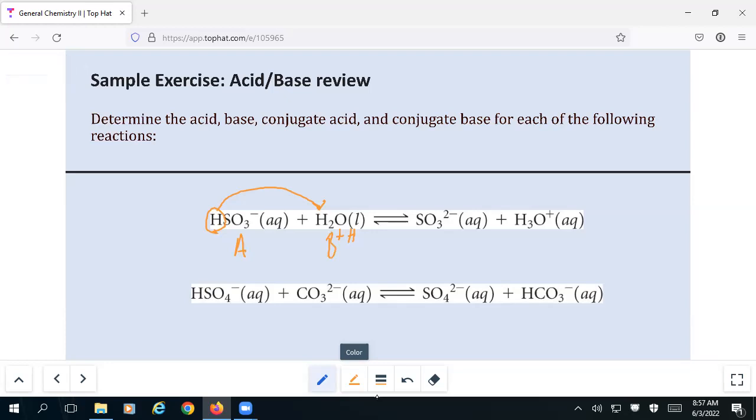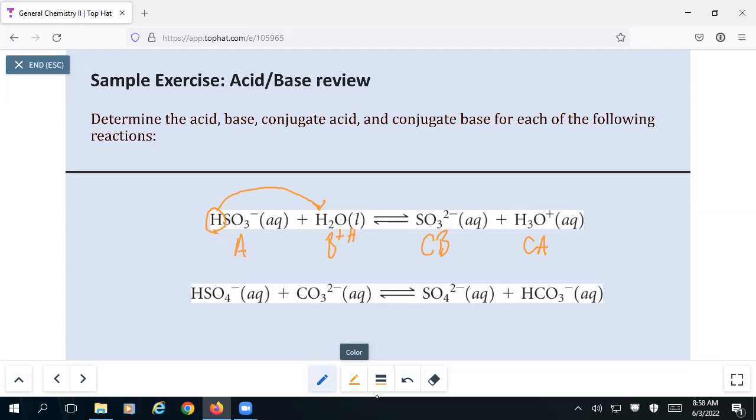Now we just need to identify the conjugates. Bisulfite ion minus H plus would be sulfite ion. So that must be the conjugate base. And that would mean that the hydronium is the conjugate acid. Now we can check ourselves here just to be sure.